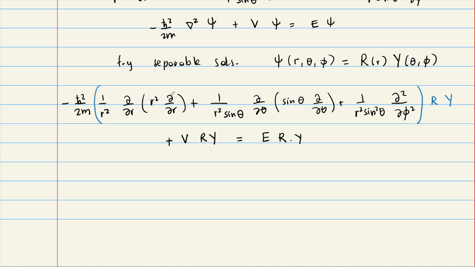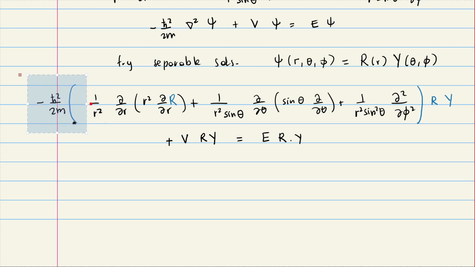Now let's play with this. So this thing, let me open some space. I know this is an r derivative, and the r derivative is going to go and find something r dependent. So I'll write R here. Because Y is not r dependent, it's just going to go through. And also let me push it like this and write Y here.